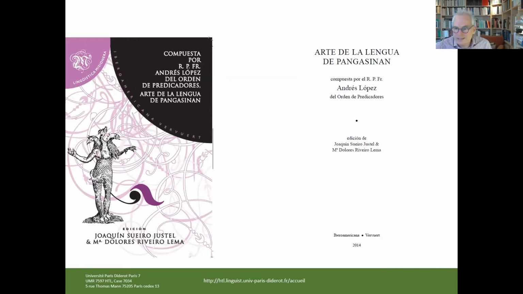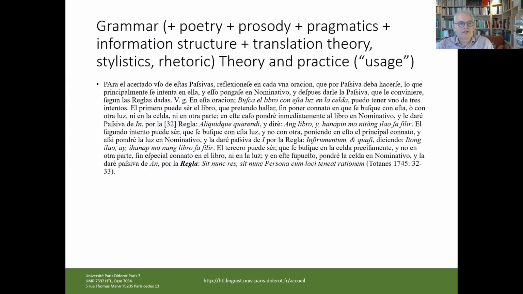And I cite this because I don't think there is still a lot to do, but it is a very good attempt to get to a certain systematization of all those reglas in these Filipinian grammars. And what kind of information can we find there? So there is a systematization here based mainly on the introduction of this edition of the Pangasinan grammar.